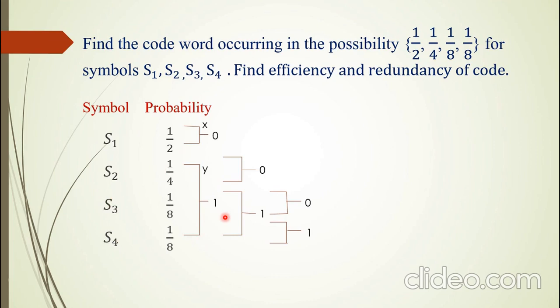Now this symbol is already assigned bit 0. Now we should divide this subset into other subsets with equal probability.